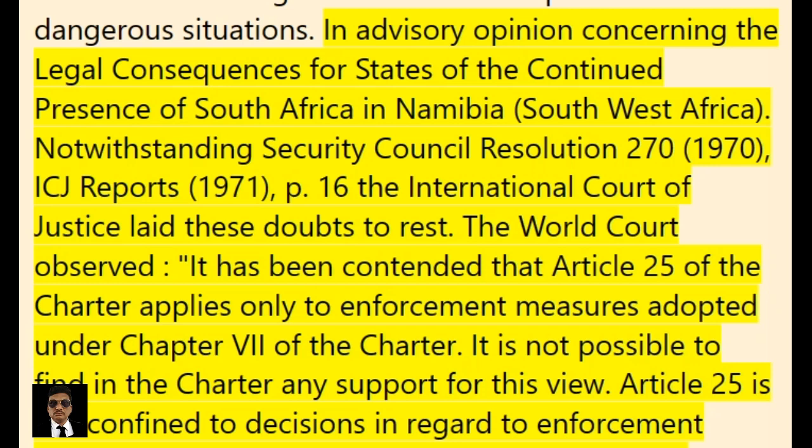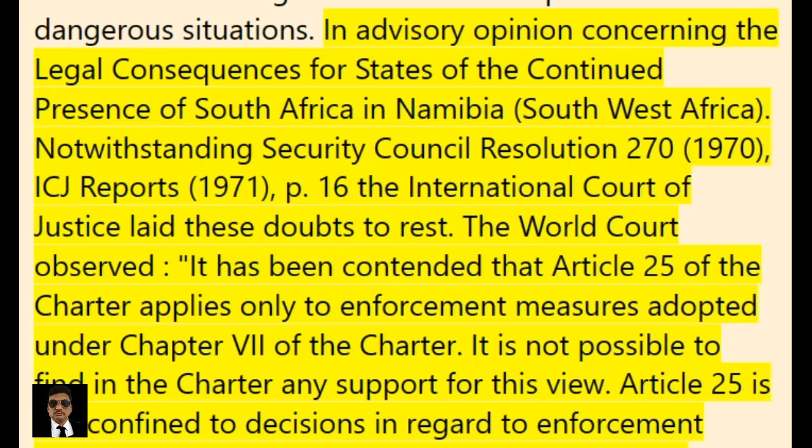The World Court observed: It has been contended that Article 25 of the Charter applies only to enforcement measures adopted under Chapter 7 of the Charter. It is not possible to find in the Charter any support for this view.